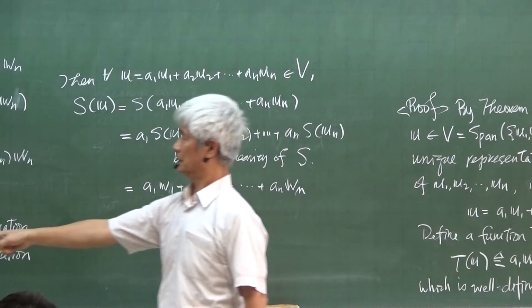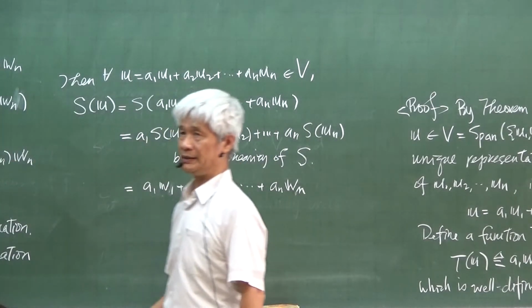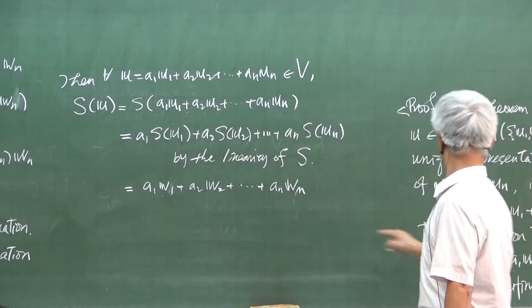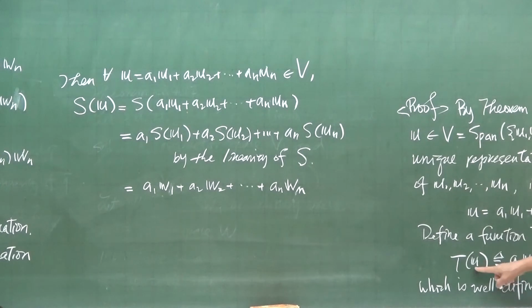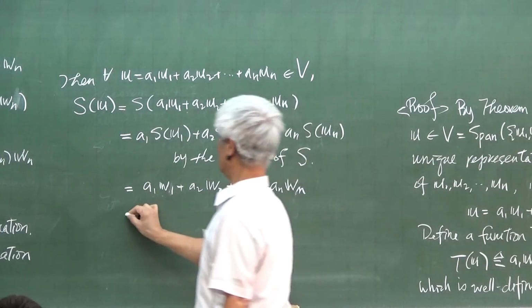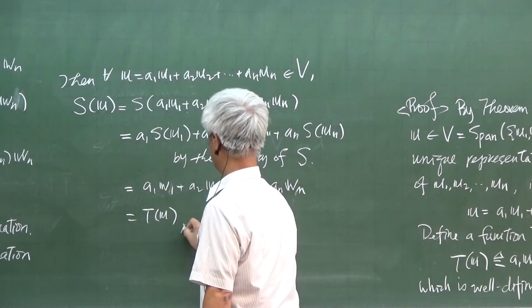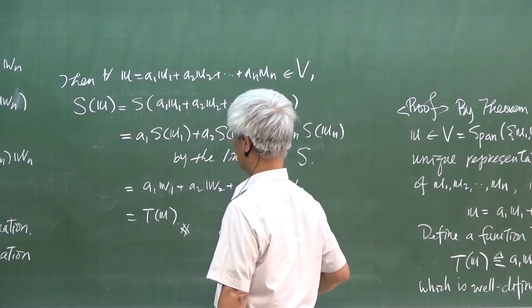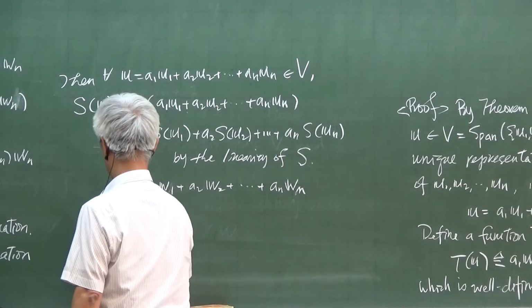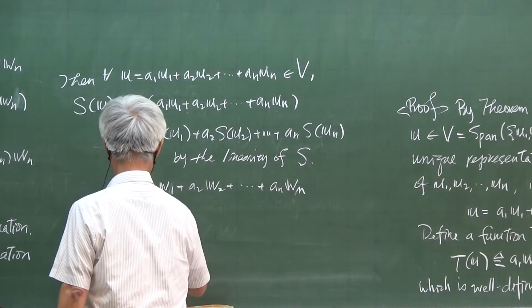Okay, because we have this specification. But indeed, by our definition of T, this is indeed TU. And we have done. So that T is unique.